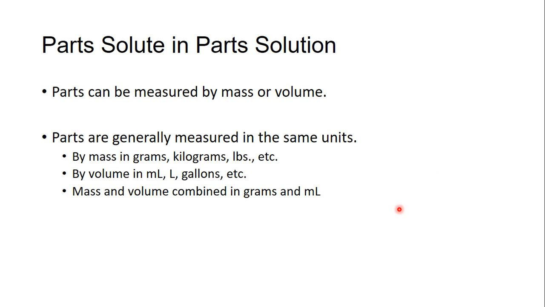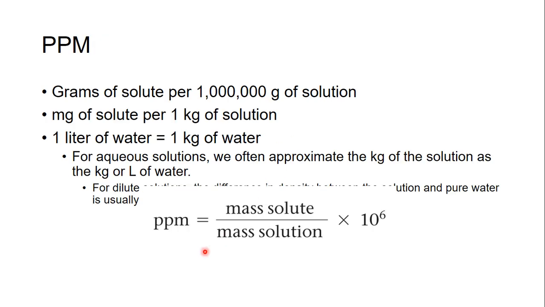Next, parts solute and parts solution. So parts per million, billion, percentage. You can do this by mass or volume, and you just have to keep the same type of measurement. If you're doing weight of solute, it has to be weight of solution. If you're doing volume of solute, it has to be volume of solution. Here we have parts per million.